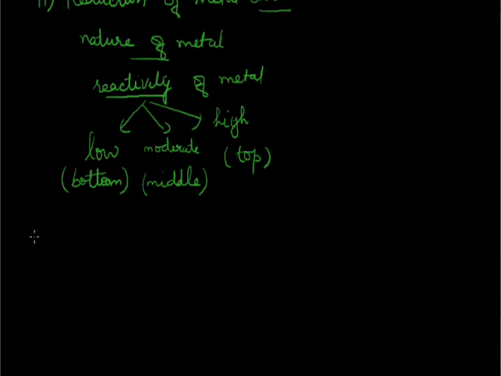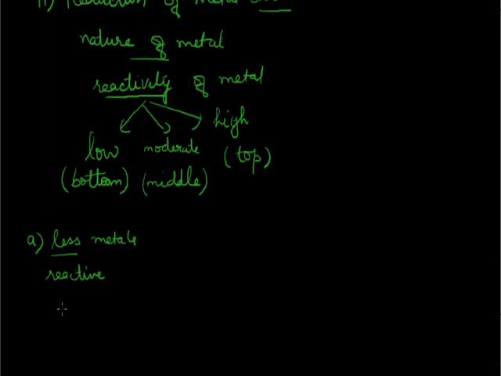metals which have very low reactivity, less reactive metals. Now when we say the metal is less reactive, it means its oxide won't be very stable, because the metal has very low tendency to react with oxygen, to form a bond with oxygen.